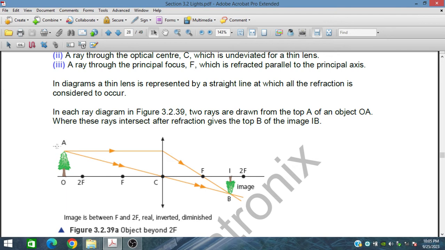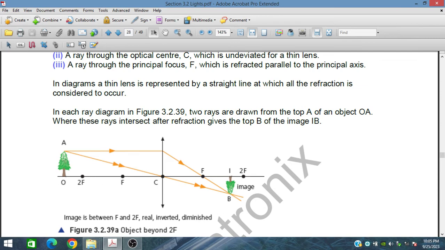So here the object is placed beyond 2f, more than double the focal length, from this converging lens. From this figure, the image is between f and 2f: a real, inverted, and diminished image is obtained.